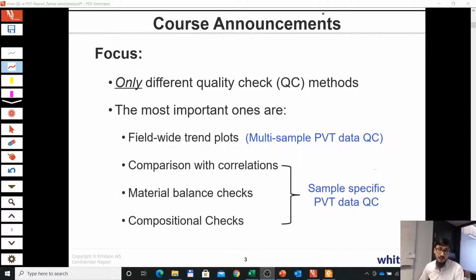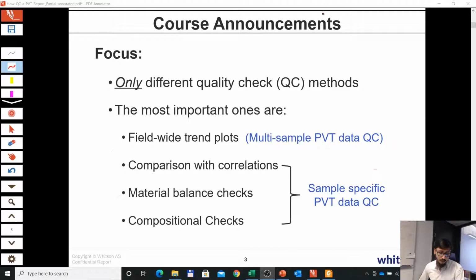We have a gas condensate PVT report and an oil PVT report, and both reports combined give you all the different experiments that are generally available in any PVT report. So you will have the opportunity to apply those methods on most widely available PVT experiments.